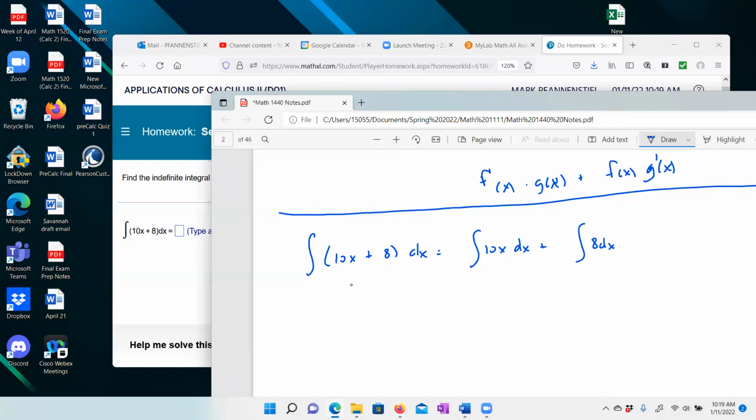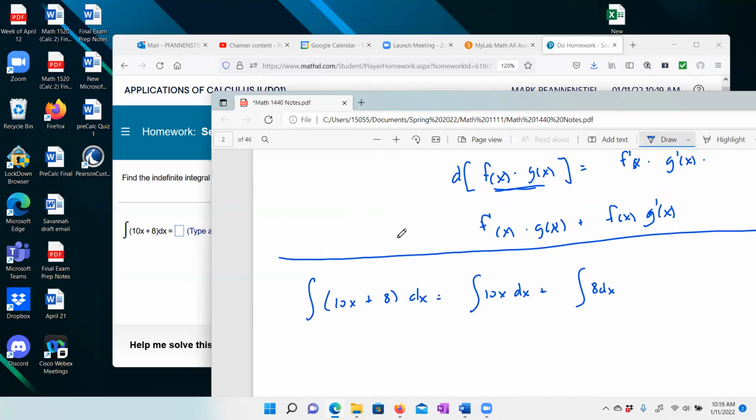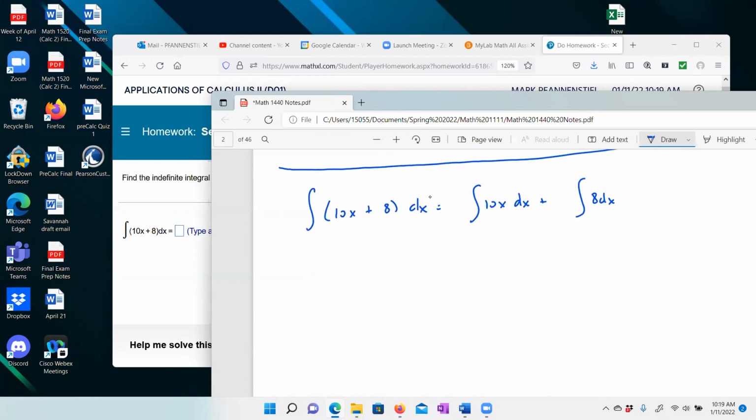You wouldn't normally need to do this. I'm just being a little bit more formal about it because we just did the general sense. So what we're going to say is, okay, it's going to be x squared over 2, plus 8. We technically have an x to the 0. If we add 1 to it, we're just going to get x to the 1 divided by 1.